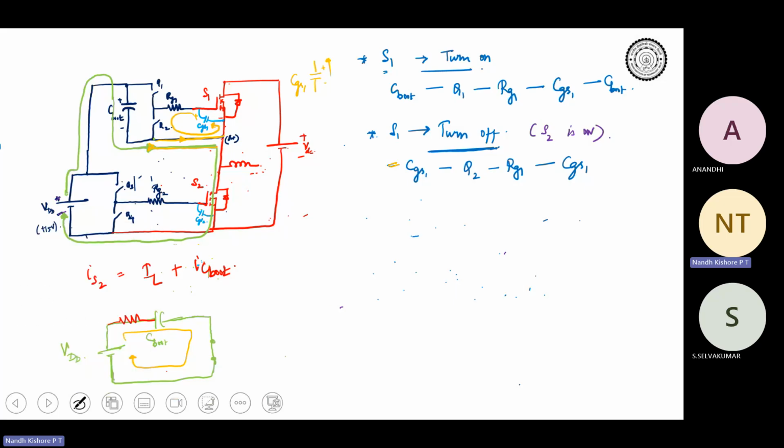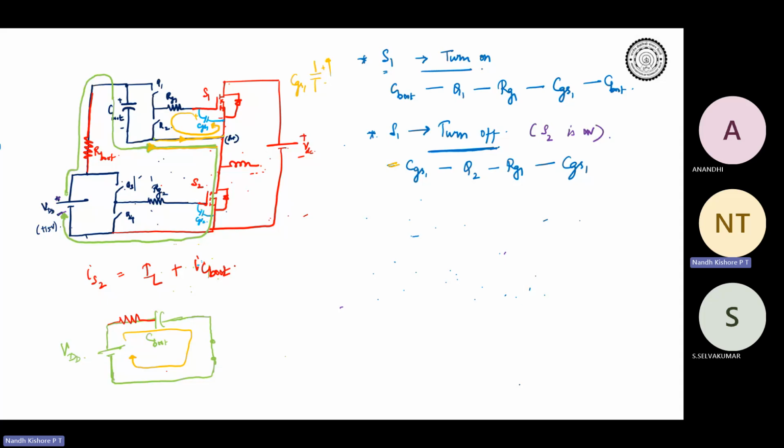That is why people connect a resistor. Let us call this R boot. Now we have connected a resistor.